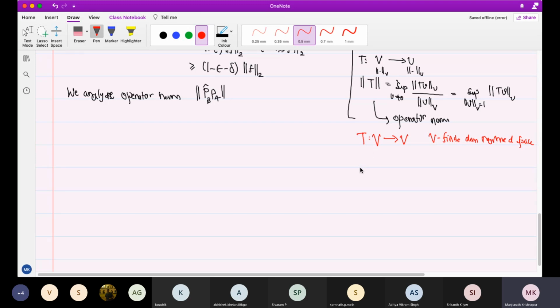So what is the operator norm really? See, if T was a symmetric matrix, a Hermitian operator, then what is the operator norm? What do you say?